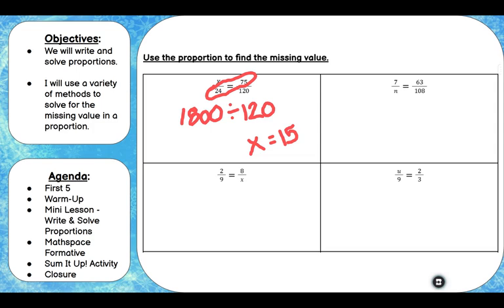Okay, all right, we're going to try that one more time on the next one. So we have 7 over n equals 63 over 108. Now, looking at our cross products, we have 63 and n. Those aren't both numbers. Okay, so our couple has to be 7 and 108. So we're going to multiply 7 times 108.